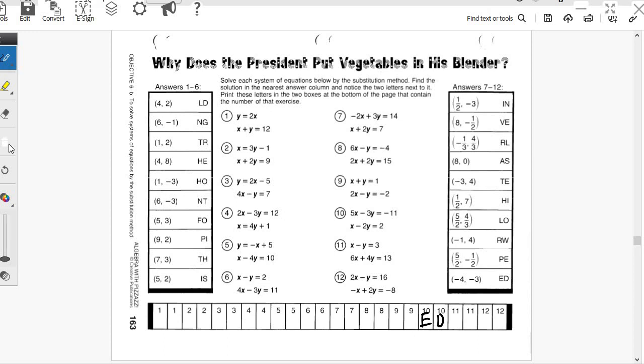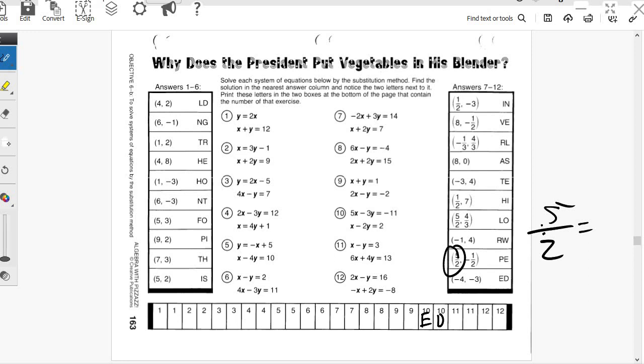Let me give you a hint. I know a lot of you have some trouble with fractions. What you can also do is, let's say you have this one, 5 over 2. Remember, it's just division. You could convert all fractions to decimals if you're really stuck on fractions.